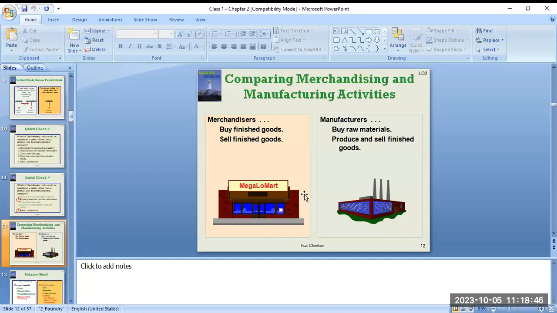Manufacturers actually produce something. But they buy raw material. They buy the raw material, which becomes direct material. Then they add direct labor. Then they put in manufacturing overhead. Then they produce the finished goods, and after that they sell the finished goods.